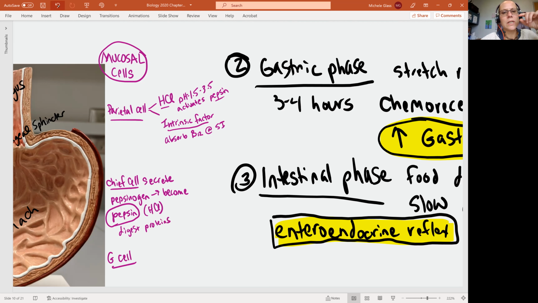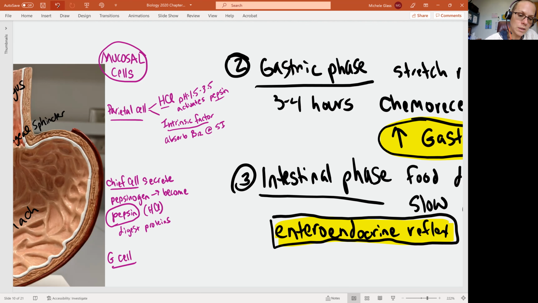So if you remember when we talked about the mouth, we had salivary amylase, which was chemically digesting starches. We had lingual lipase, which was chemically digesting fats. And then we had the teeth and the tongue to mechanically digest proteins. We haven't seen any chemical digestion of the protein until we get here. So we're going to see the pepsin and the hydrochloric acid are important in digesting proteins.